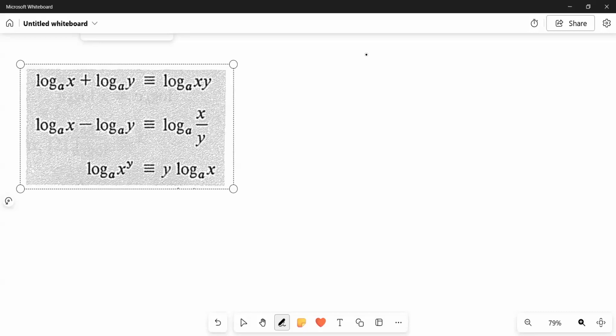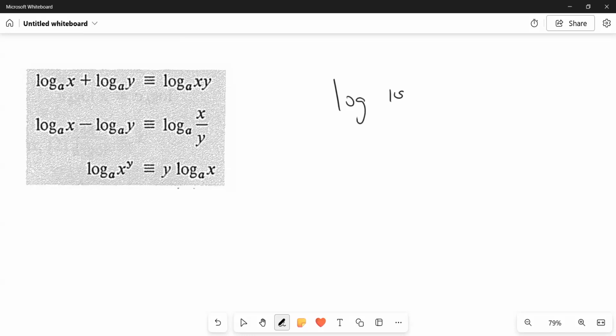right? And you can verify that. Okay, the logarithm of, let's say, 100 with a base of 10 is 2. The logarithm of, let's say, 10 with a base of 10 is 1, right?